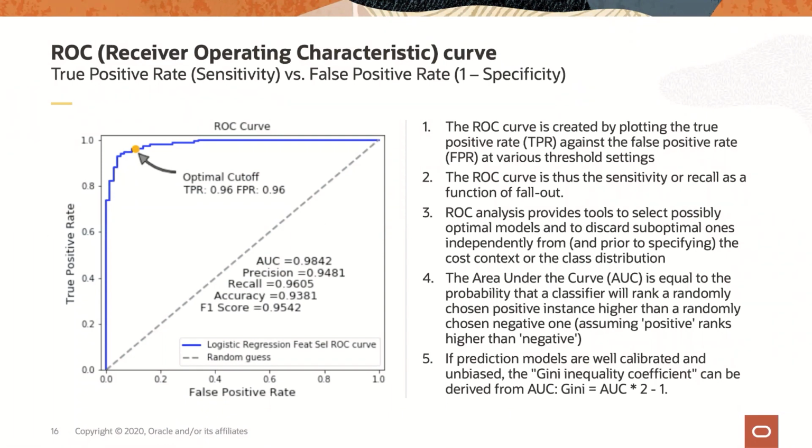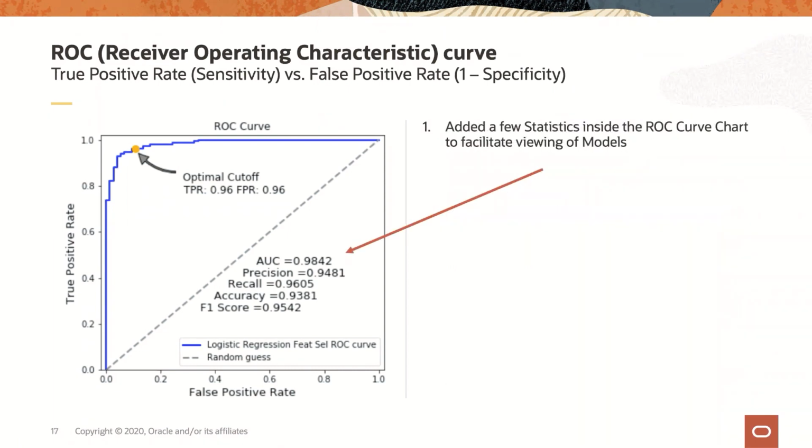When I was coding this, I ended up adding some model quality statistics inside this area, because this area is always empty anyway. You're not going to see the curve coming down this way. So that's a good place for us to put some statistics.